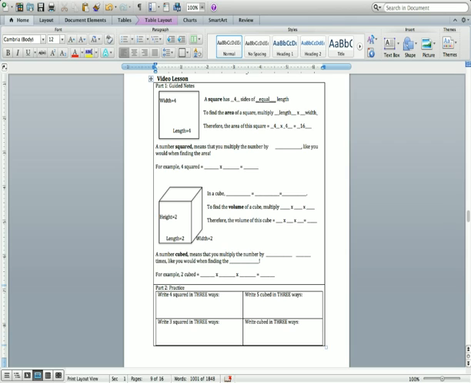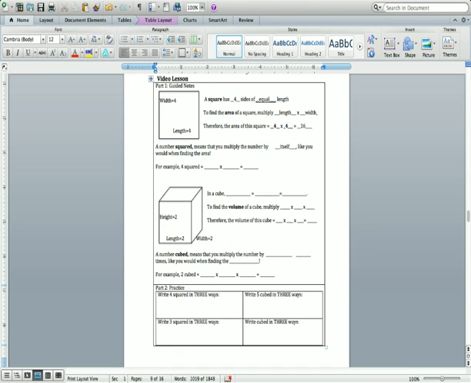So when a number is squared or raised to the second power, that means that you are multiplying the number by itself. So multiply the number by itself, write itself in the blank. Just like we multiplied 4 times 4 up here, you're taking a number and multiplying it by itself like you would when finding the area.